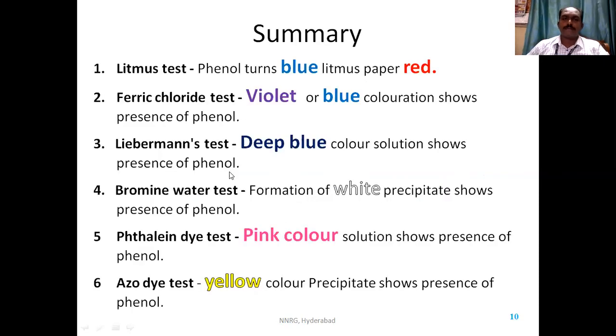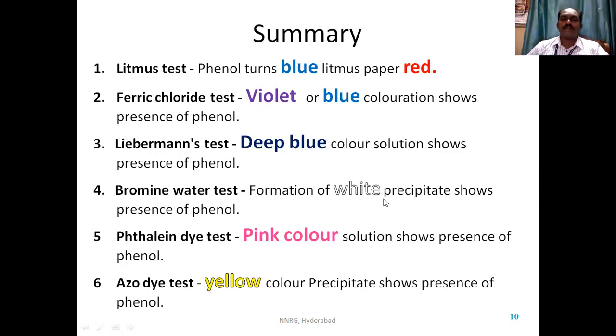So in summary, we have seen various tests: litmus test, ferric chloride test, Liebermann nitroso test, bromine water test, phthalein dye test, and azo dye test. For litmus paper, we know that phenol turns blue color to red. Ferric chloride gives violet color or blue color, indicating the presence of phenol. In the Liebermann test, a deep blue colored solution indicates the presence of phenol.